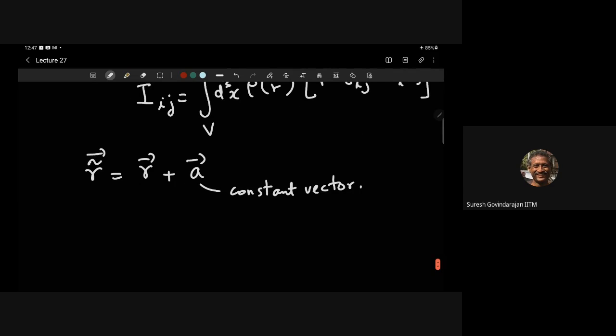So we can define I tilde ij exactly like we would do here, except it would be the integral over V, d cubed r tilde, rho at location r tilde. I won't put the argument properly.